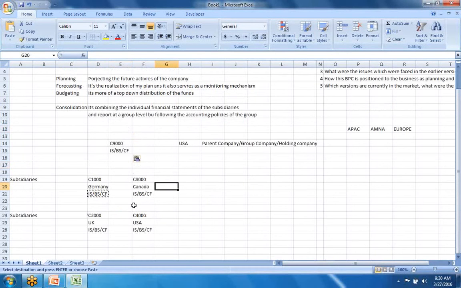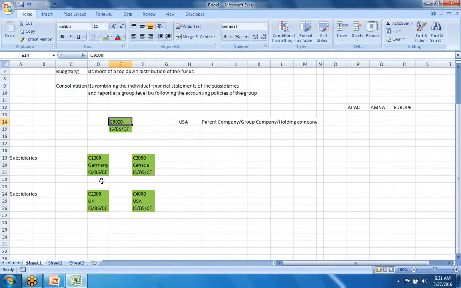Now, consolidation talks about combining the individual financial statements of these entities and reporting at a group level. This is, in simpler terms, consolidation. But there are some adjustments which need to be made before a full set of consolidated financial statements can be produced for a group company. So what are all those?